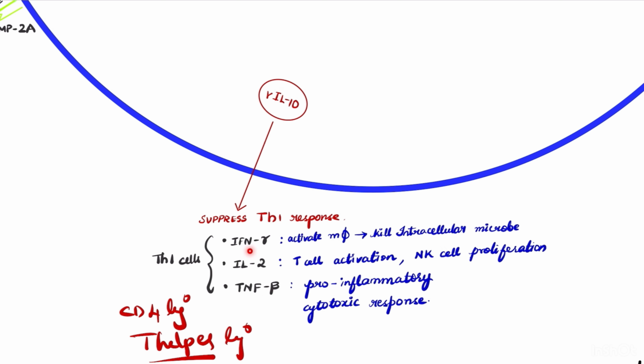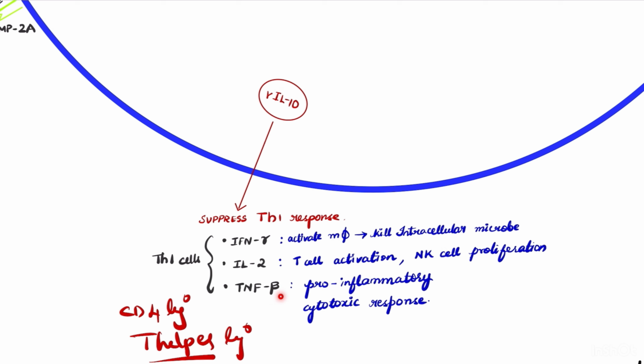So the interferon gamma will activate the macrophage, which kills the intracellular microbe. This is a normal function. Interleukin 2, 2 means for T, will recruit and activate the T cells and also other cytotoxic cells like the natural killer cell proliferate. All this together, they will cause killing of the infected cells. They will eliminate the pathogens.